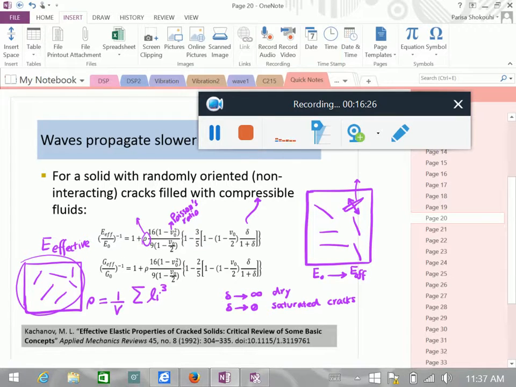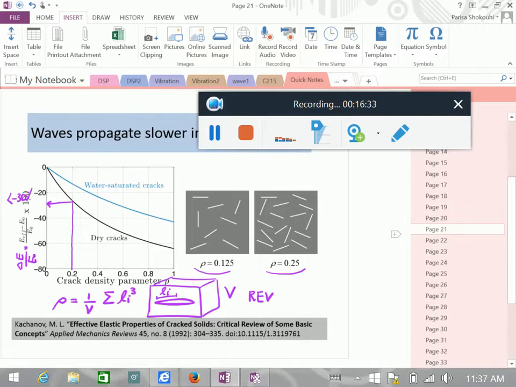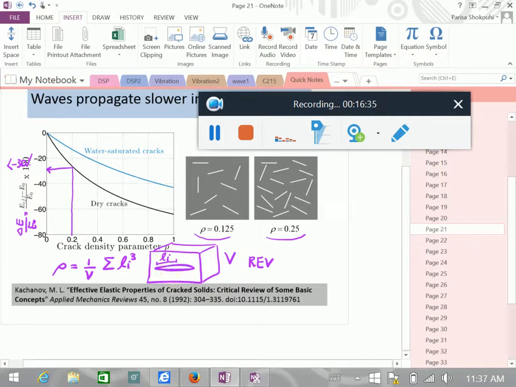So V is the volume of that. And Li is like half the length or the radius of a penny-shaped crack.